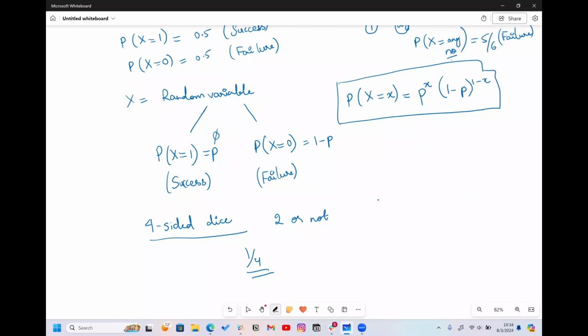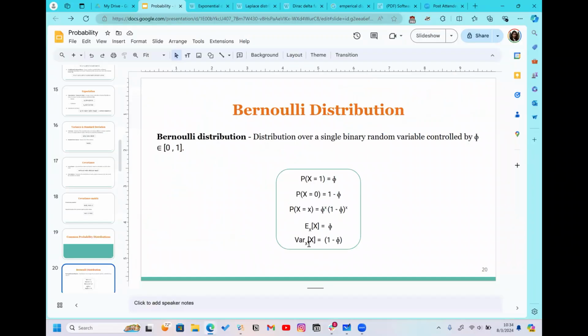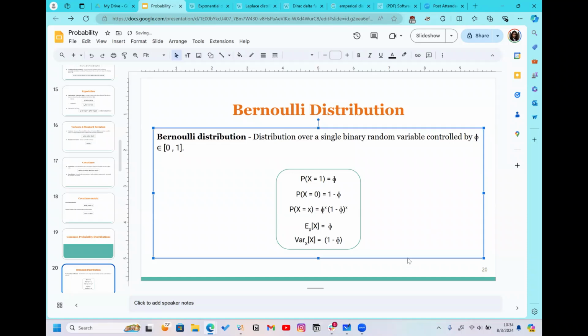It should be P to the power X, times 1 minus P to the power 1 minus X. Only then it makes sense. It's 0 or 1, so whichever is 0, the other one would be 1, just complementing. Okay, I'll change that later.